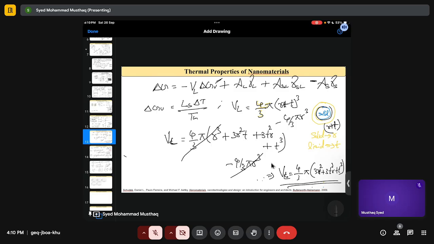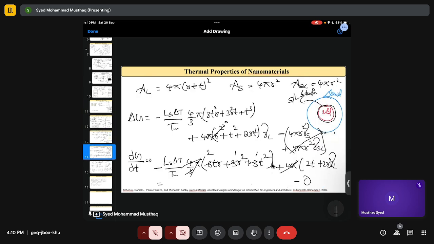So our initial solid was R plus T, everything was the same, the only difference was here. The initial solid also was R plus T whole square. And now the area of liquid is also R plus T, because this is the area, right?